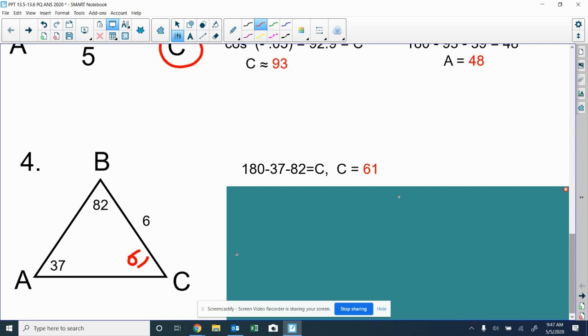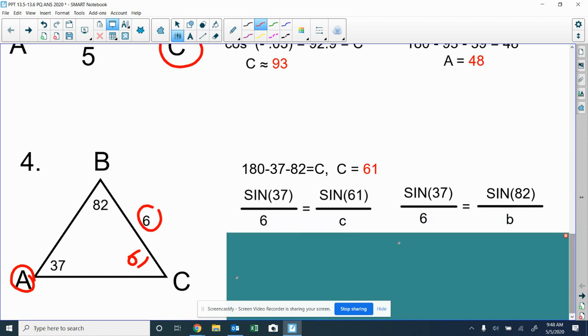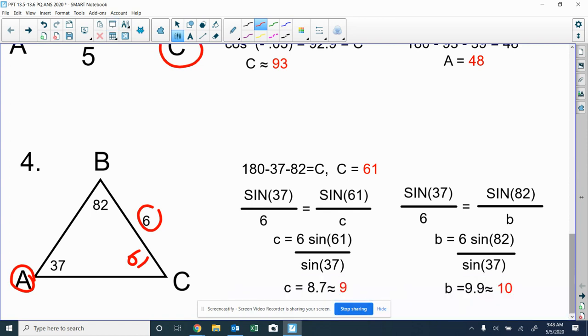Now, we're ready to use the law of sines. We have angle A, we have side A, so we'll set that ratio up. Sine of 37, again, degree mode. You should be able to solve those, cross multiplying, and you should end up with, again rounding a little bit, 9 and 10.